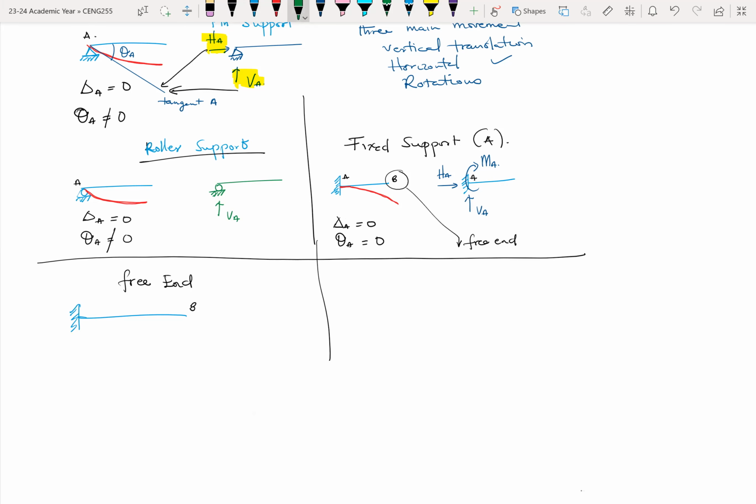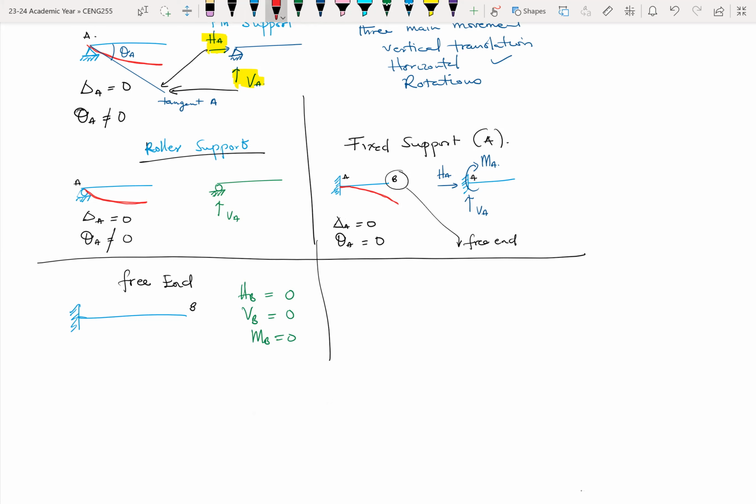Because there's no reaction, your HB, your VB, your MB, all of these will be zero. There are no reactions at B because there are no supports to provide those reactions.